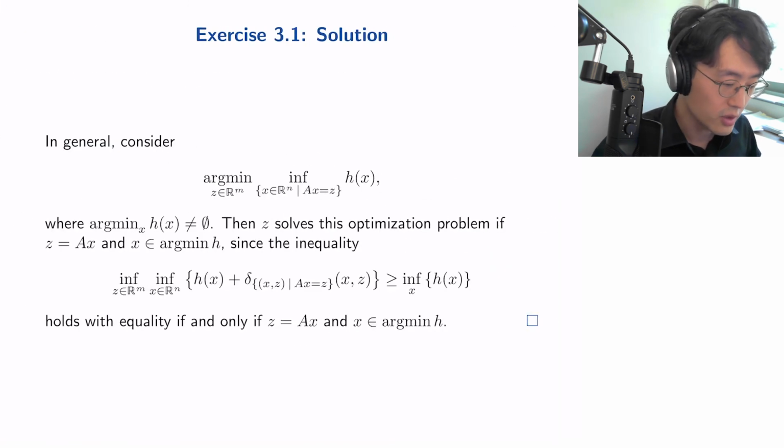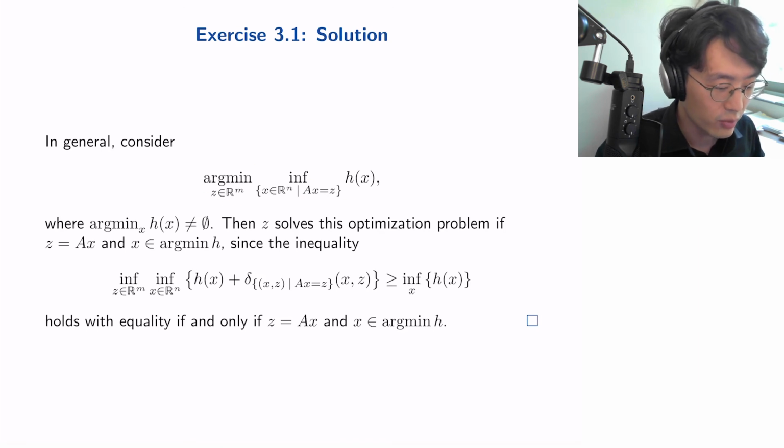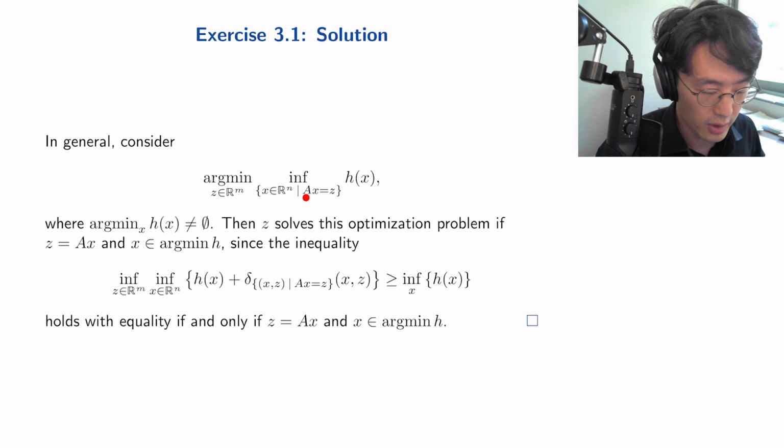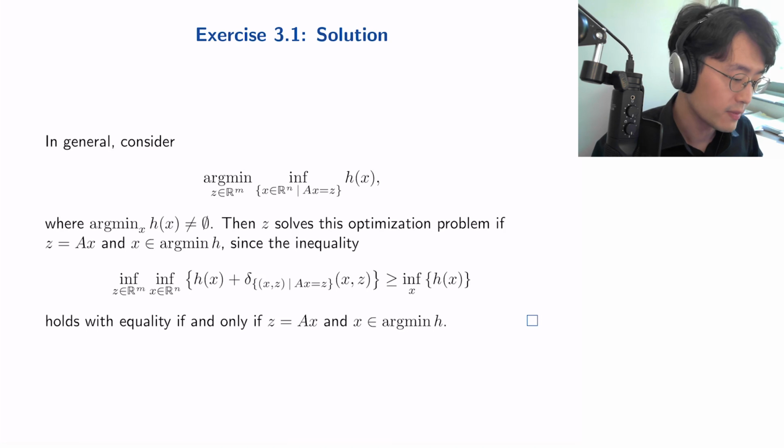To do so, in general, let's consider this form, where we perform an argmin over z and then an inf over x with the constraint Ax equals z of a function h, where we assume that the argmin of h exists.